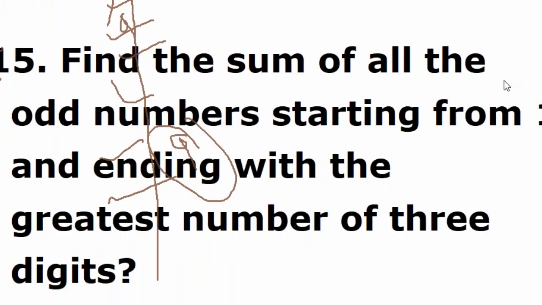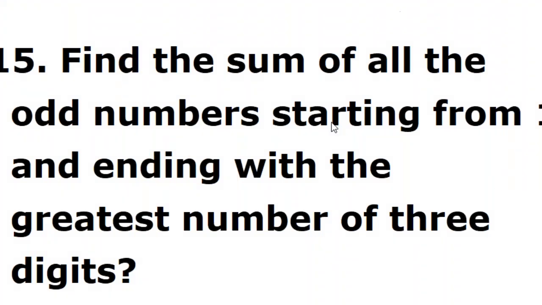Find the sum of all the odd numbers starting from 1 and ending with the greatest number of three digits. So read the problem clearly.